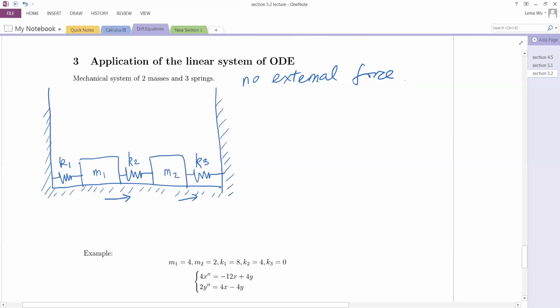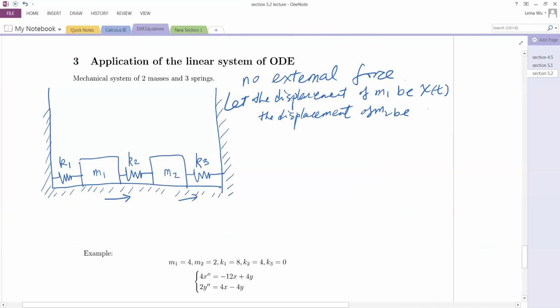Now let's suppose these two masses, M1 and M2, are moving towards the right. And let's assume the displacement. Let the displacement of M1 be x of t, and let the displacement of M2 be y of t.